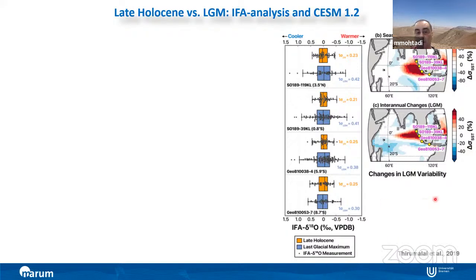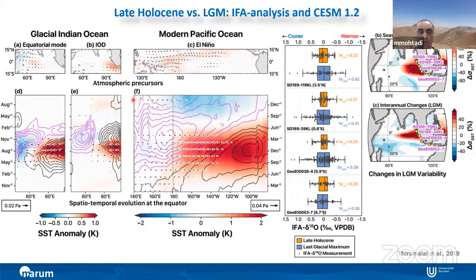The conclusion from this study was that the LGM climate was more variable than the late Holocene. Of course, it was again backed by the CSM model, showing an El Nino-like pattern in the Indian Ocean, which is not really El Nino-like because in the Indian Ocean, it's reversed basically. That's a kind of amplification of the normal state during the last glacial maximum.